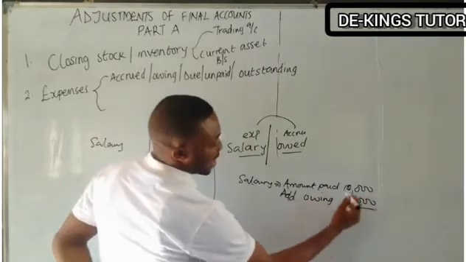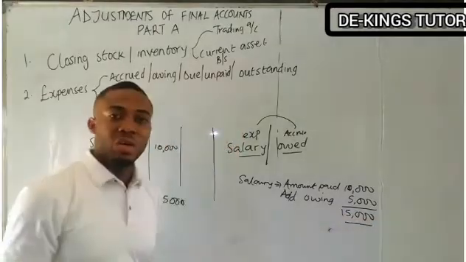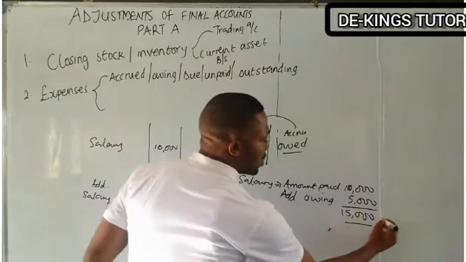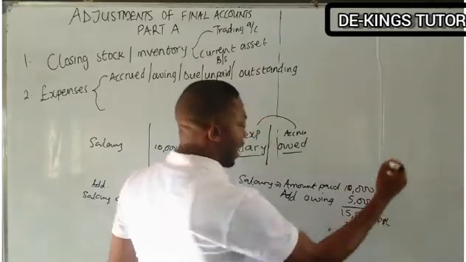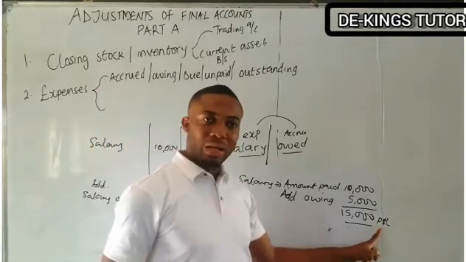So you add it together, 10 plus 5,000 is 15,000. Okay, so this 15,000 is what will go to the profit or loss account.